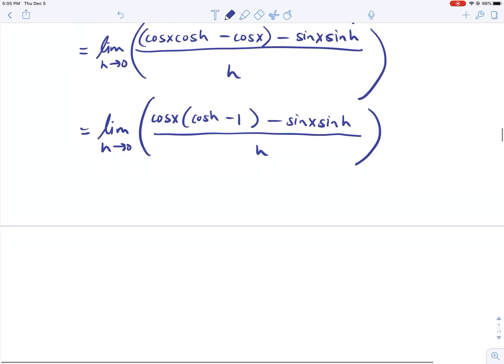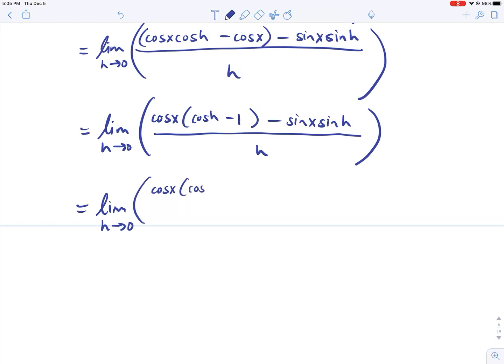And then now applying the limit property, I'm going to split this into the two limits.